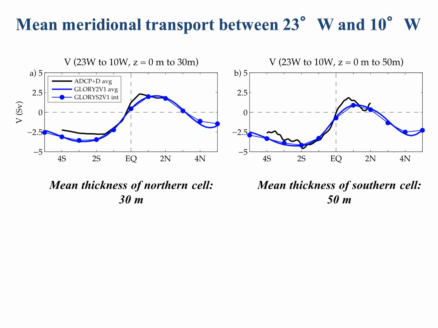So at a few latitudes, I computed the actual integrated transport. And you can see that those two agree well. And what that tells you is that between 23 west and 10 west, the mean velocity varies fairly linearly in that region. And computing the transport using all the values from 23 west to 10 west is the same thing as using just the endpoints.